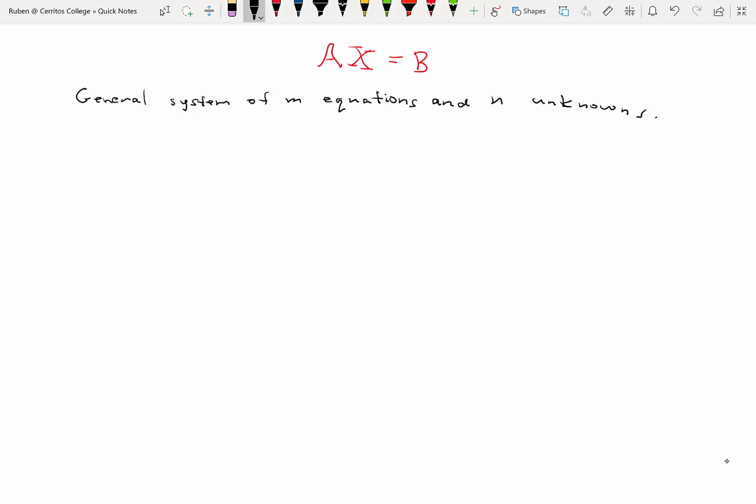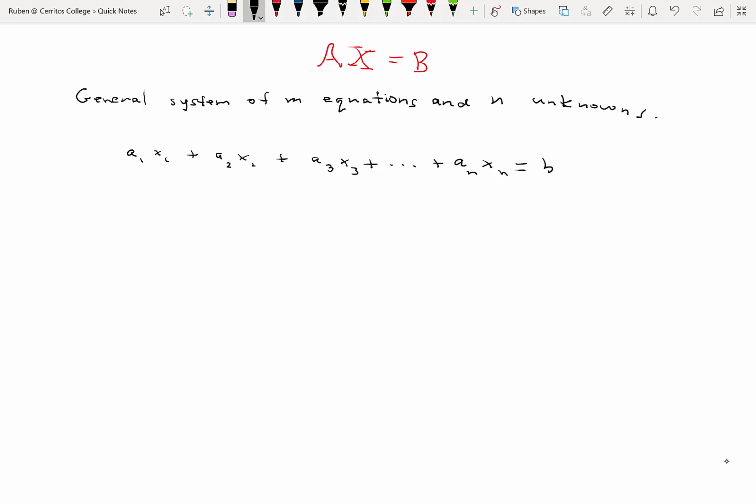And then our first equation might look something like a1 x1 plus a2 x2 plus a3 x3 plus dot dot dot, all the way up to the coefficient of that last unknown, an xn equals, let's say, b. So there's one linear equation with n unknowns.